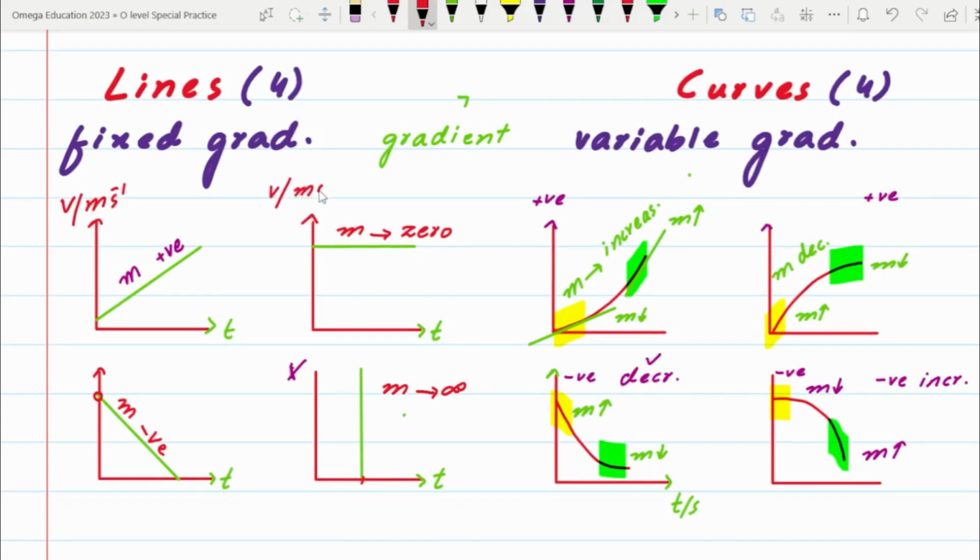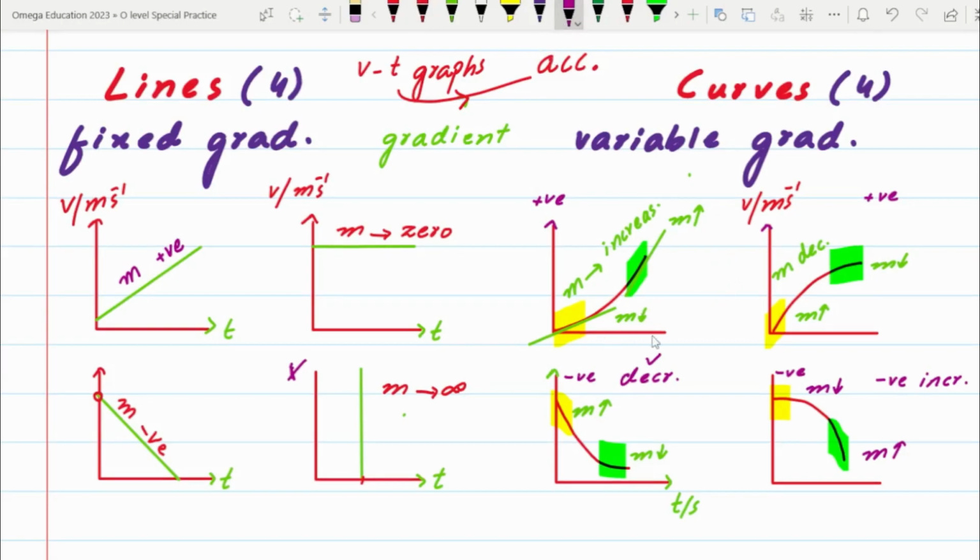So let's say these are velocity time graphs, VT graphs. Whatever information you get from the gradient would be the same information you'll have for acceleration, because the gradient of a velocity time graph represents the acceleration.